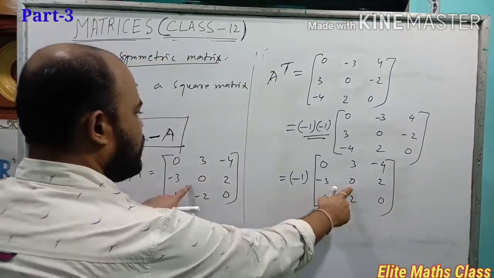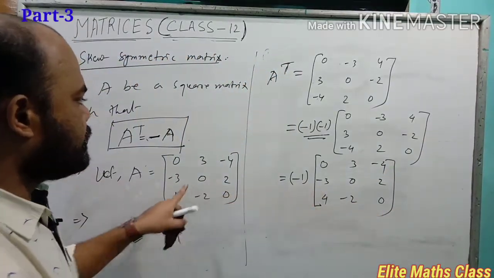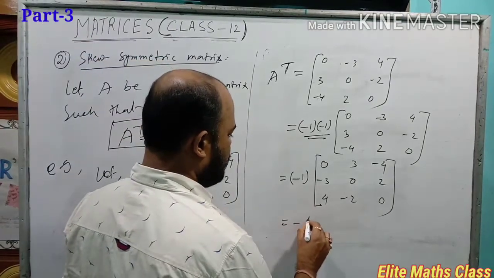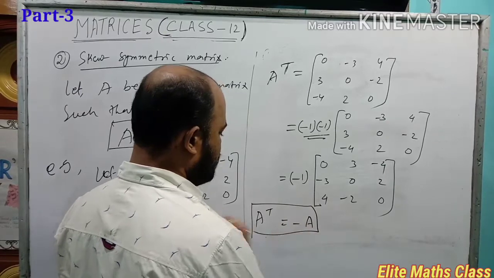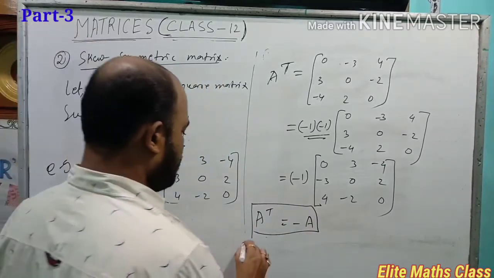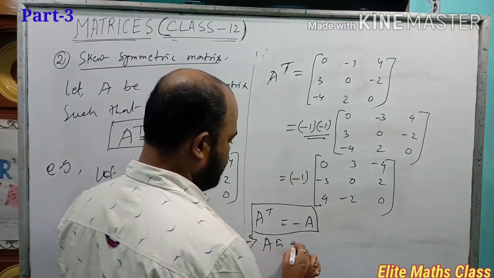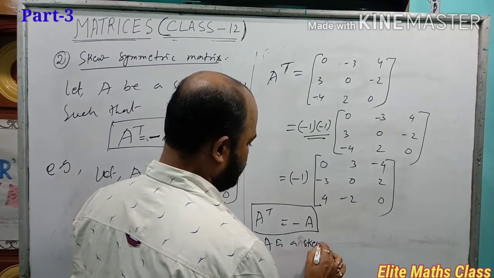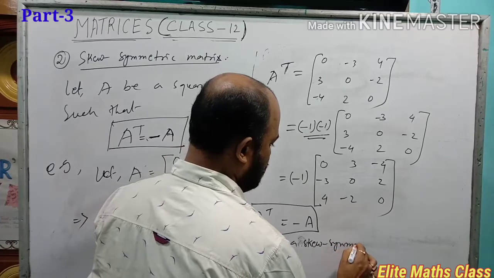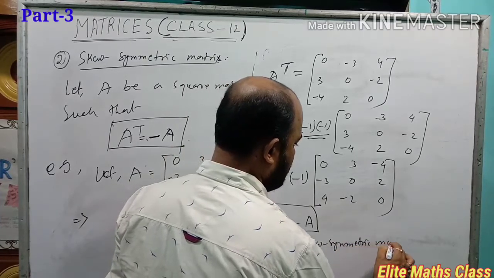Now check these two matrices, they are same. So what we can write, minus of A. So finally we got A transpose equal to minus of A, which implies A is a skew-symmetric matrix.